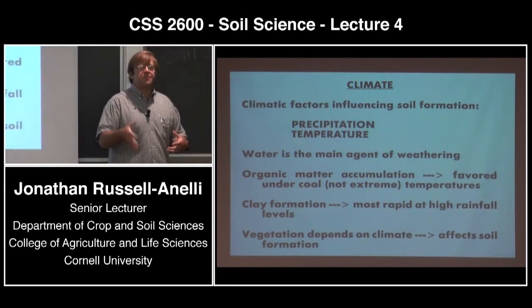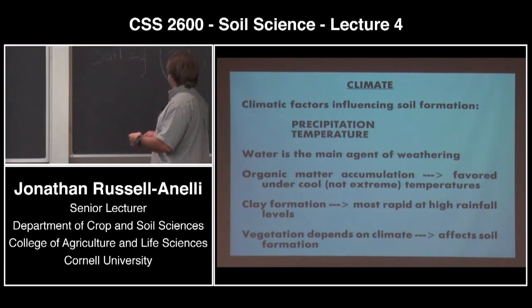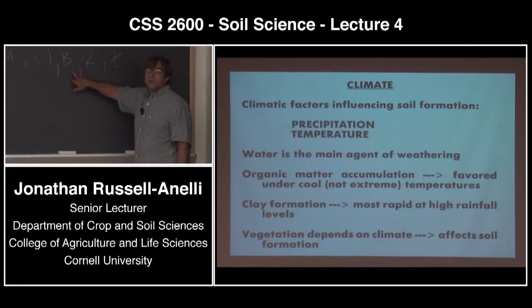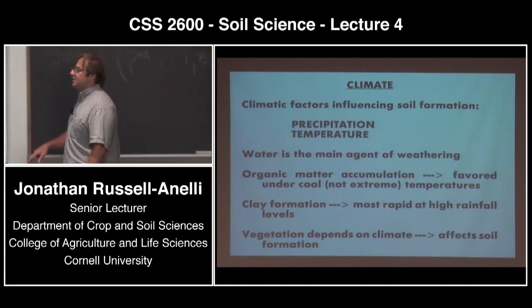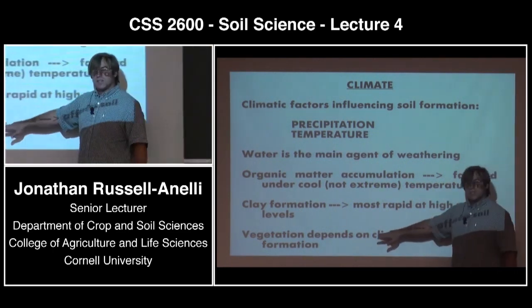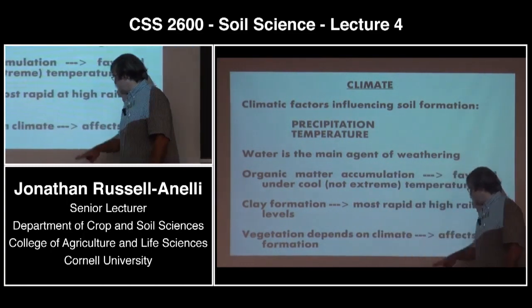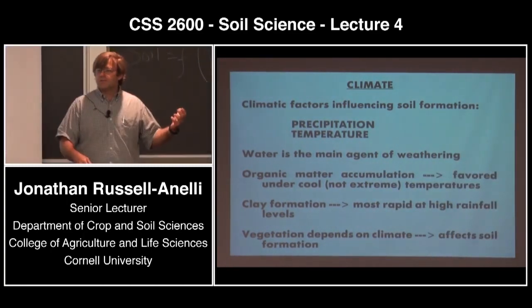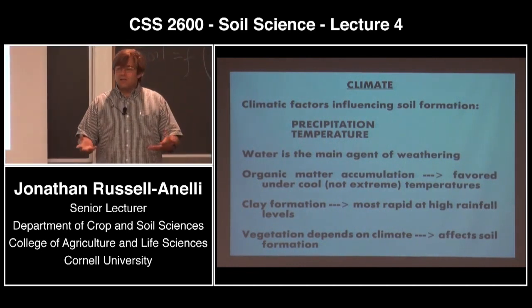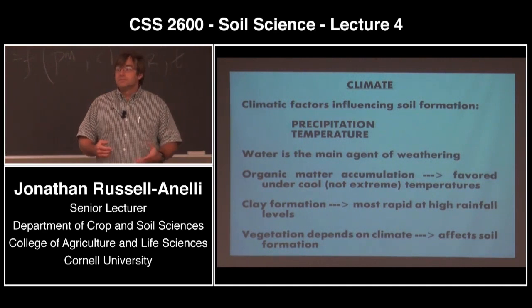Vegetation itself depends on climate. Okay, so if we're talking about biota as being one of the soil forming factors, climate has a huge impact on the vegetation. And if it has an impact on the vegetation, it affects the soil formation because it's affecting the biota. Right around here, this part of the country, what happens every fall? Leaves fall.